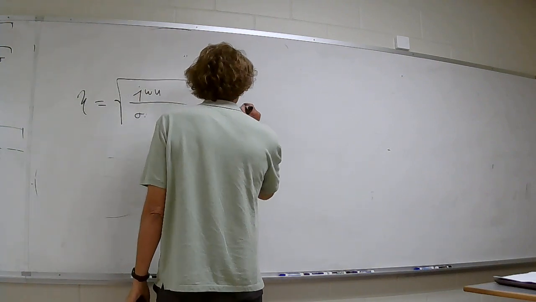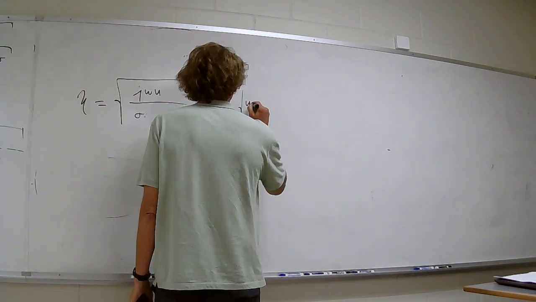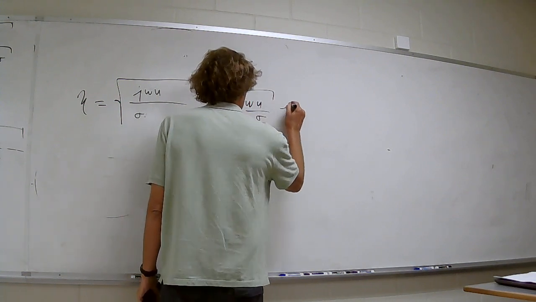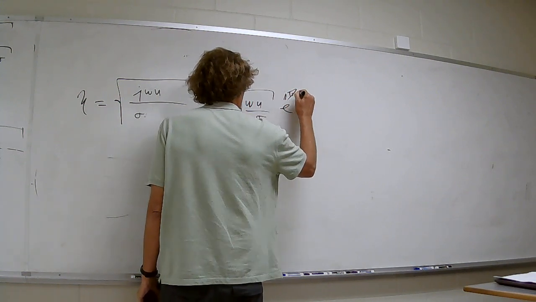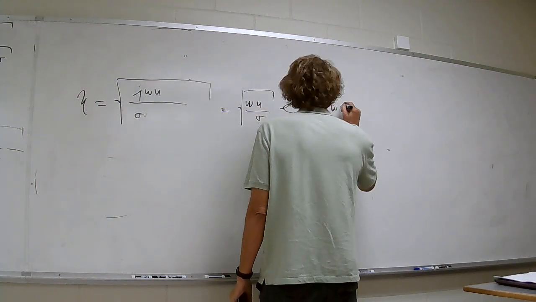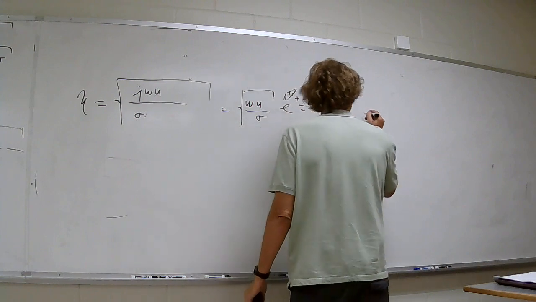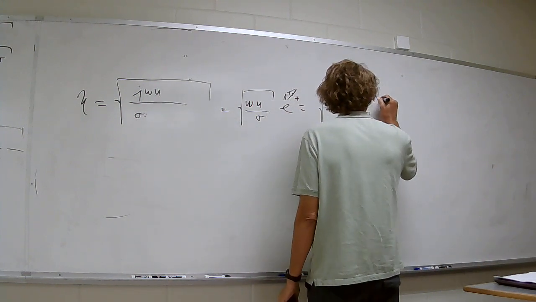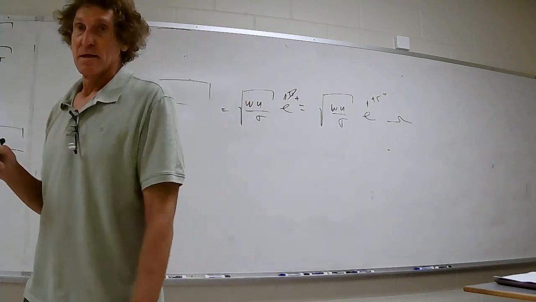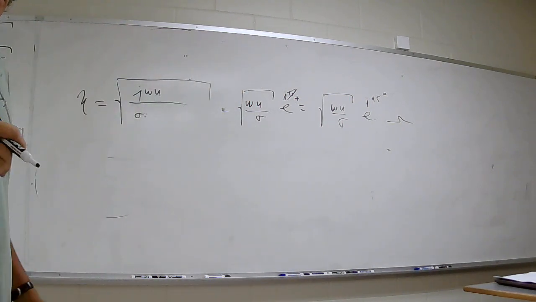Isn't it really equal to the square root of omega mu over sigma e to the j pi over 4, or the square root of omega mu over sigma e to the j 45 degrees ohms? Take a look at that. You all agree with that?